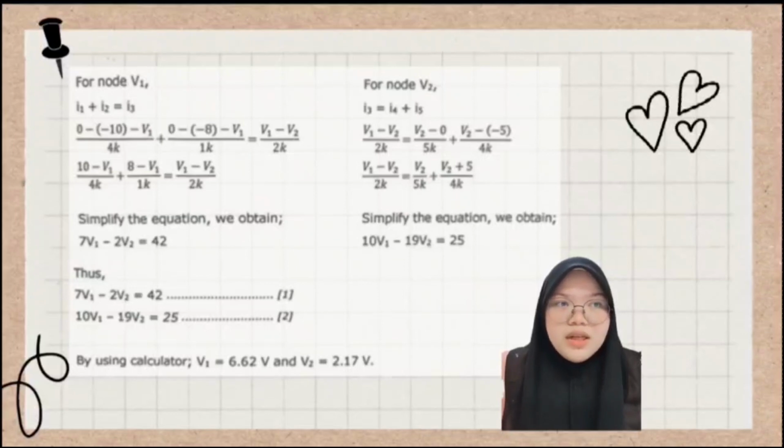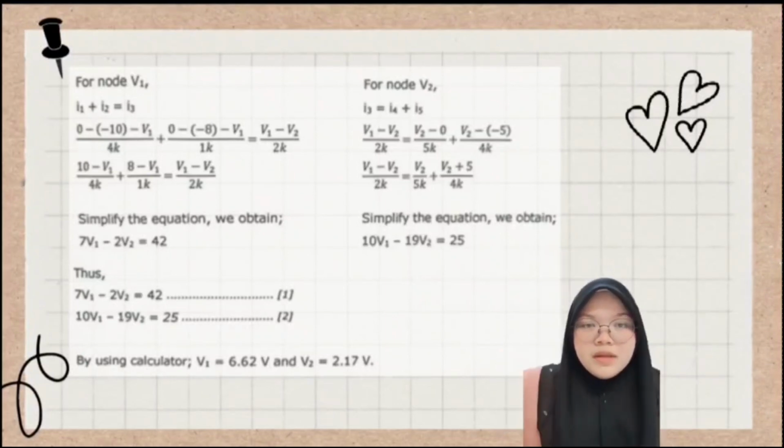For node V2, I3 equals I4 plus I5, (V1 minus V2) over 2K equals (V2 minus 0) over 5K plus (V2 minus negative 5) over 4K.